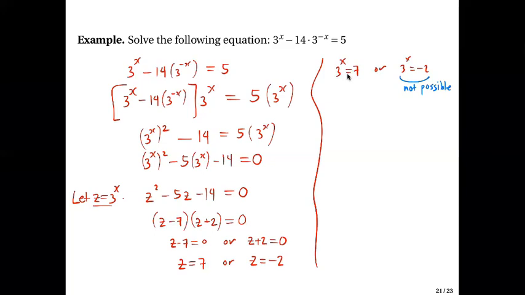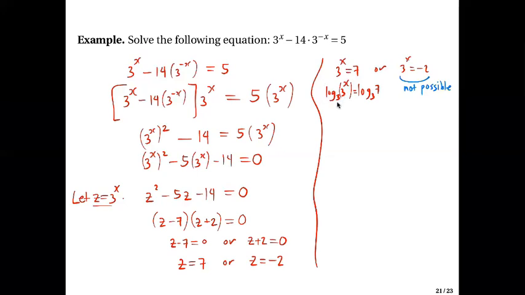So just like the previous example, we can get the log base 3 of both sides of the equation. So log of 7 base 3. Let me clarify this. Okay, so that's fixed. And then again, this x will just go down.